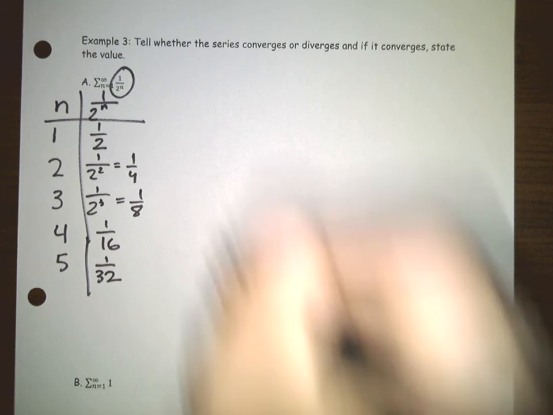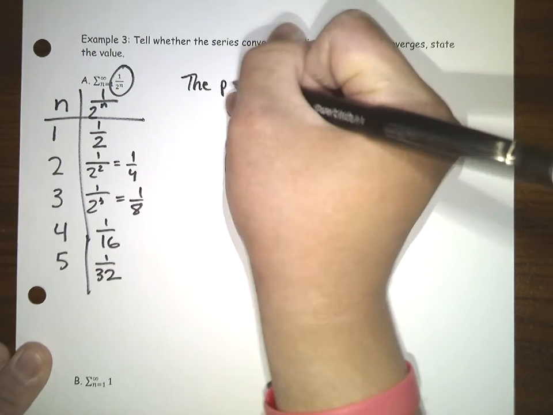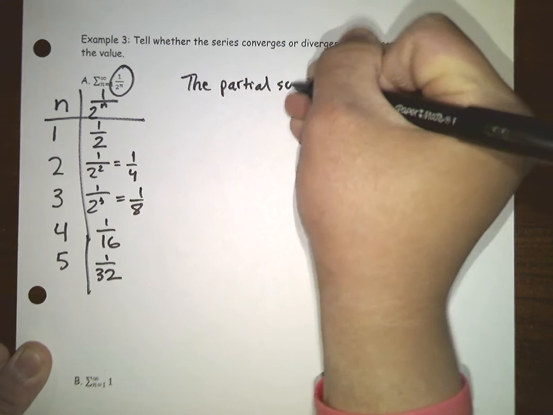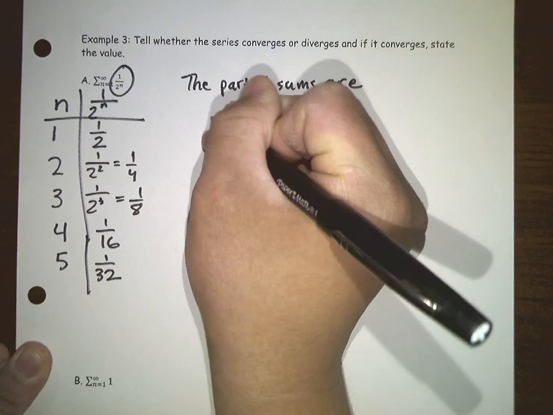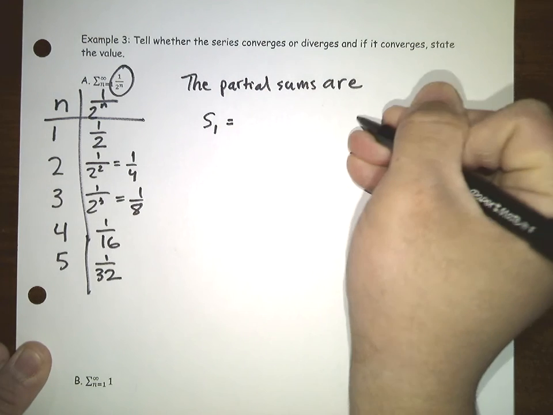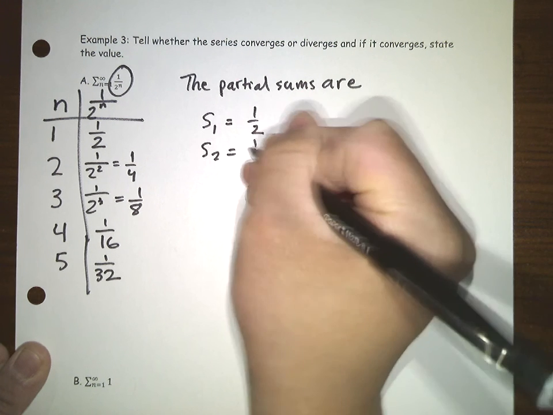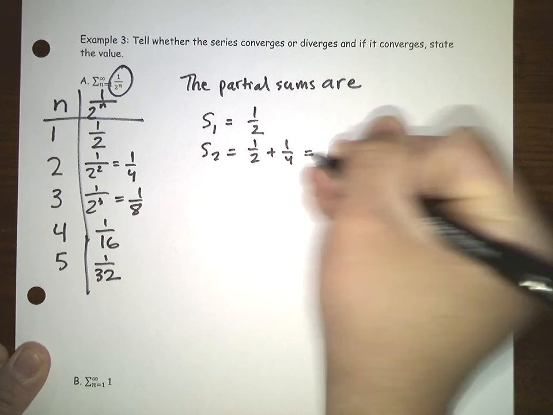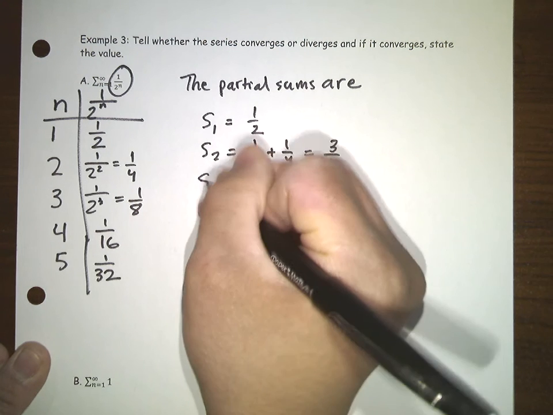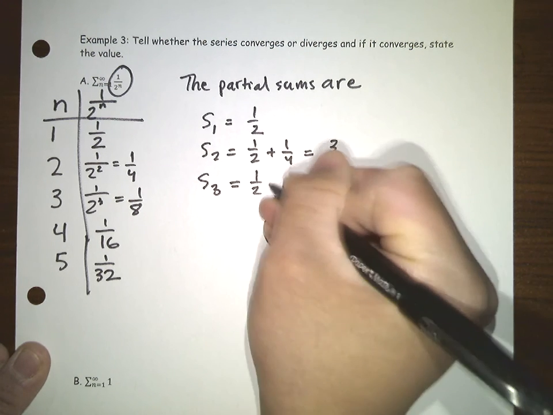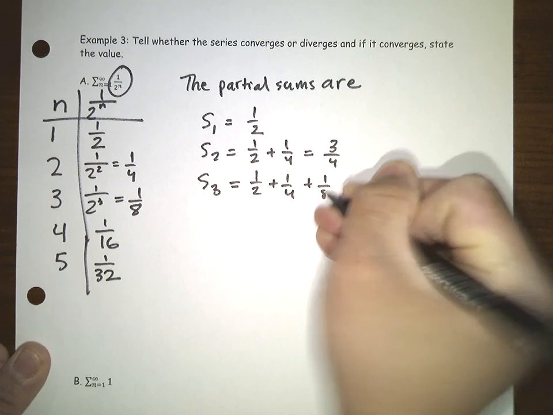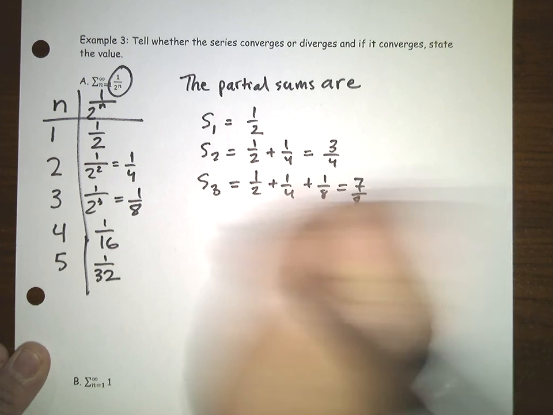So then the partial sums are S1 will be a half, S2 will be a half plus a fourth, which is 3/4. S3 will be a half plus a fourth plus an eighth, that's 7/8.